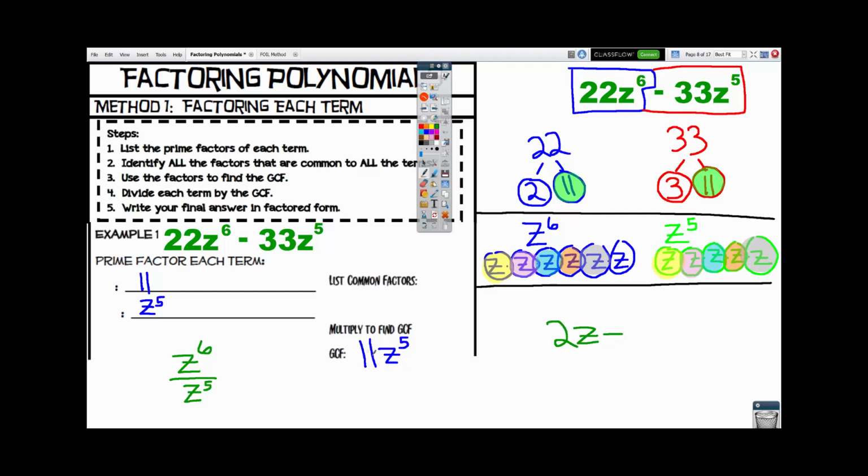And now we're going to do the exact same thing. So 33 divided by 11, that would give us 3. And now z to the power of 5 divided by z to the power of 5.